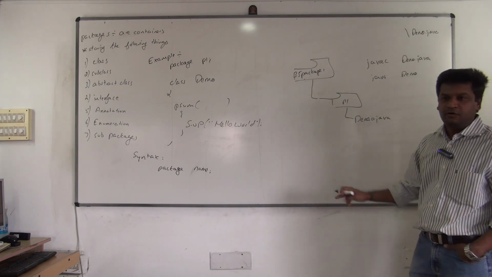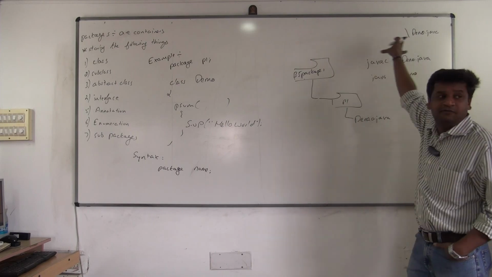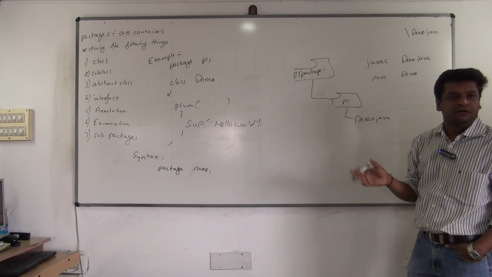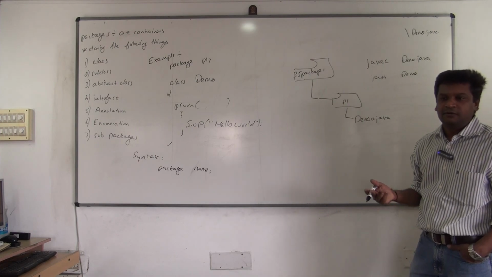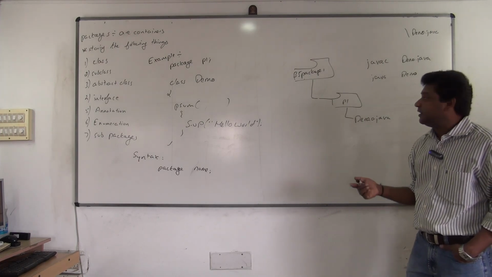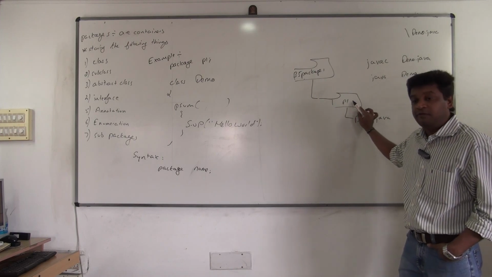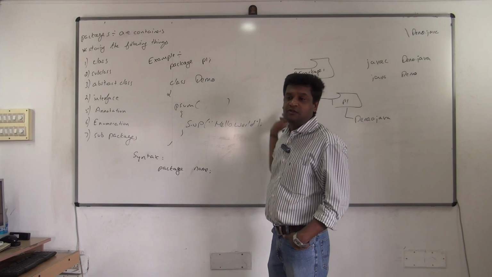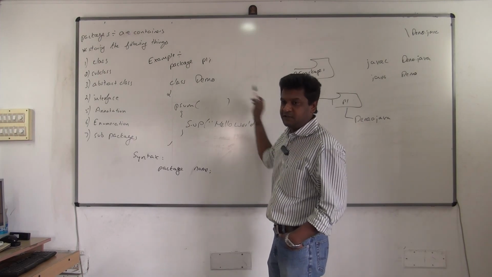Till now you were saving all the files directly in your folder. But from now, if you want to put the class in a package, you have to create one more folder with the same name, highly case sensitive. If this is small p1, this should also be small p1.